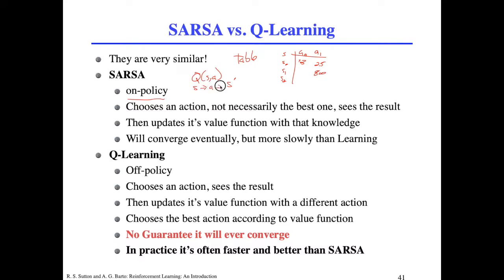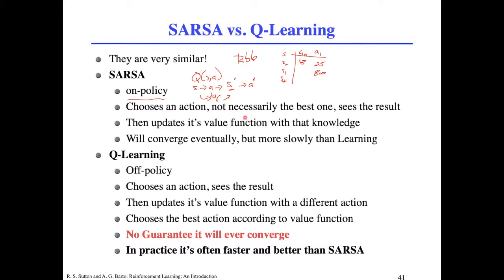So you took some action in some state, and you got some reward because of that. But you had to come up with an S prime, a next state, and you also had to come up with a next action that you would follow in order to figure out what the value of that next state would be. Right, and so they both do this so that they can update their value function, the Bellman equation, properly.